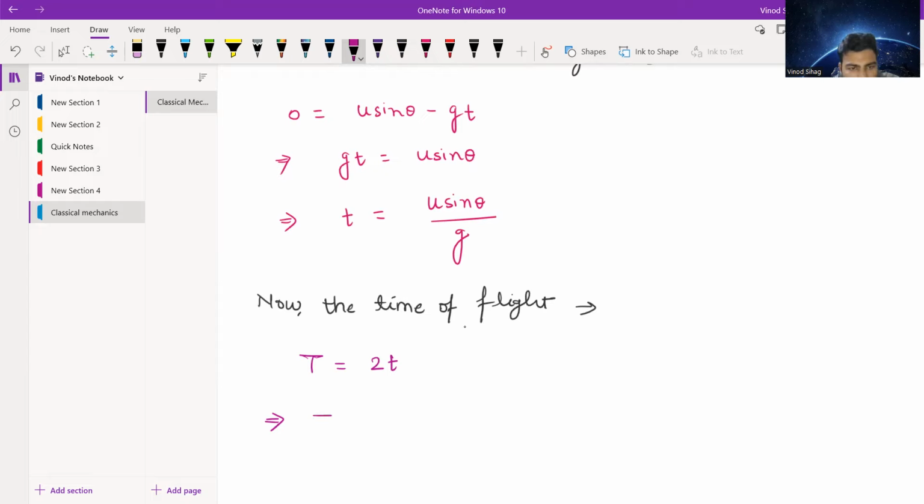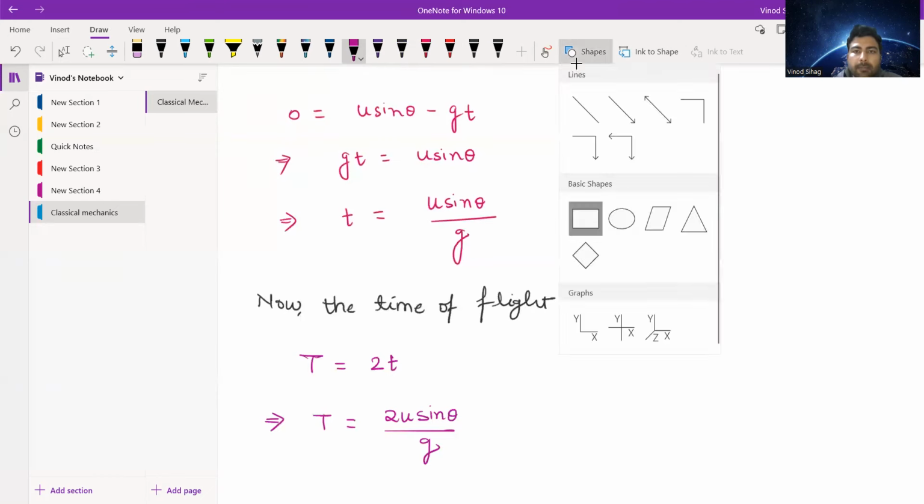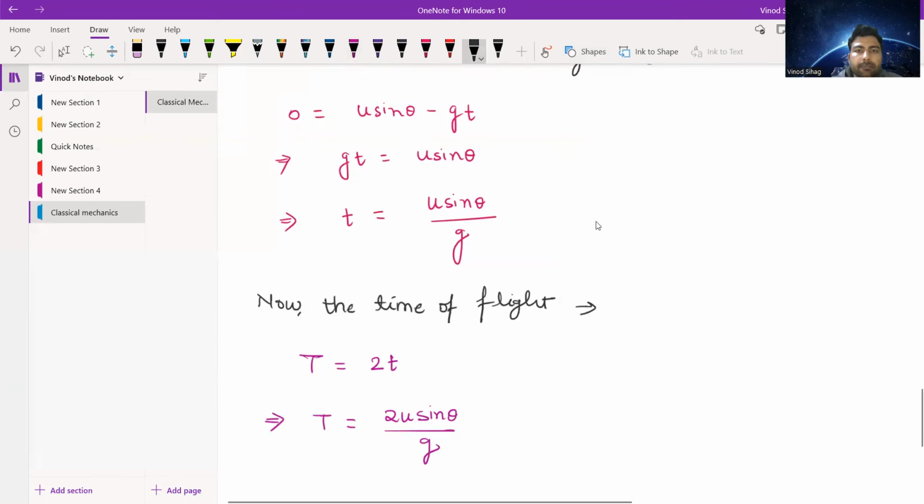So T equals 2u sine theta upon g. This is our total time taken, or we can say the time of flight.